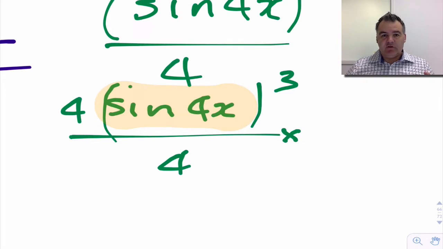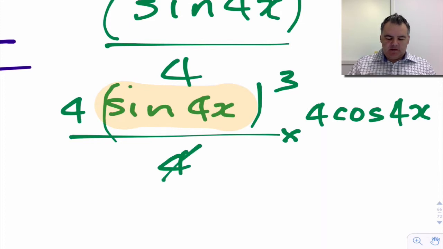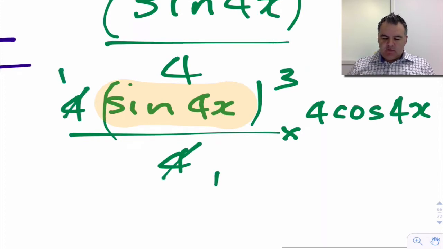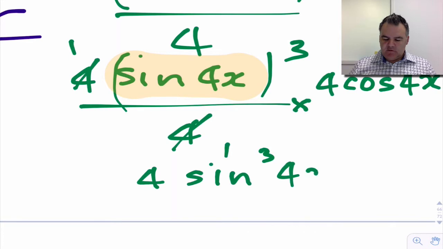So the derivative of sine 4x is 4 cos 4x, correct? Right, so that's going to cancel with that. And what are we left with? We're left with 4 sine cubed 4x cos 4x.